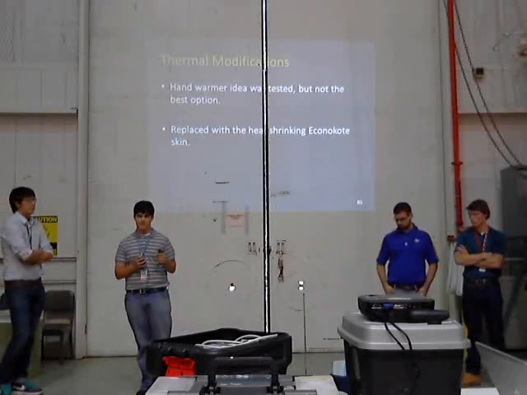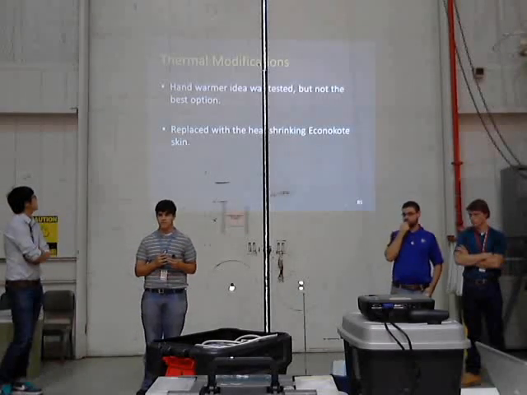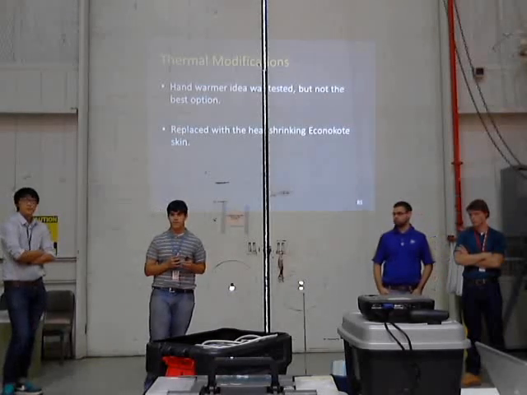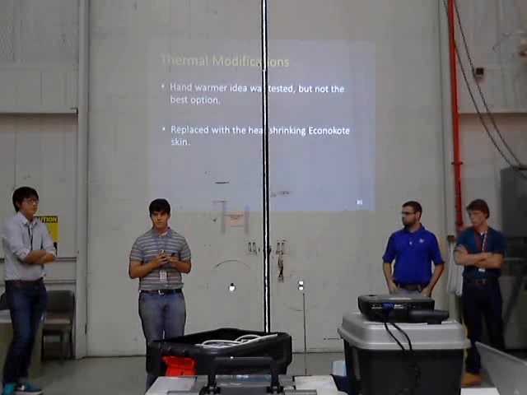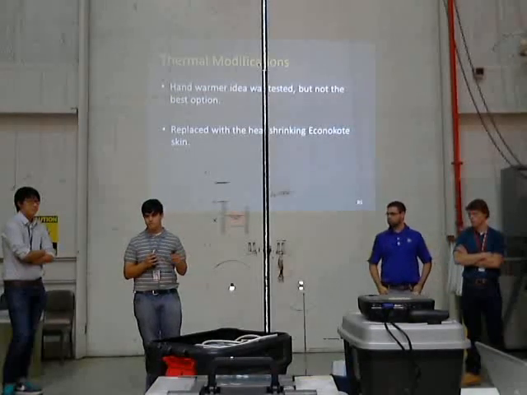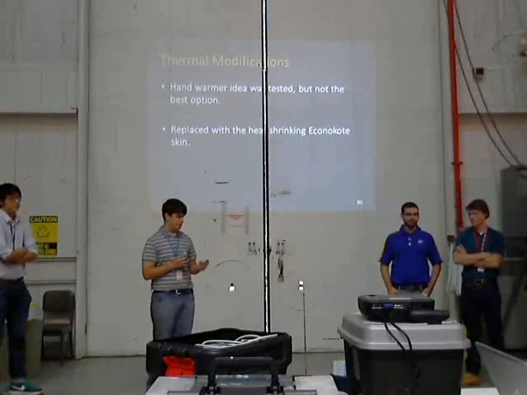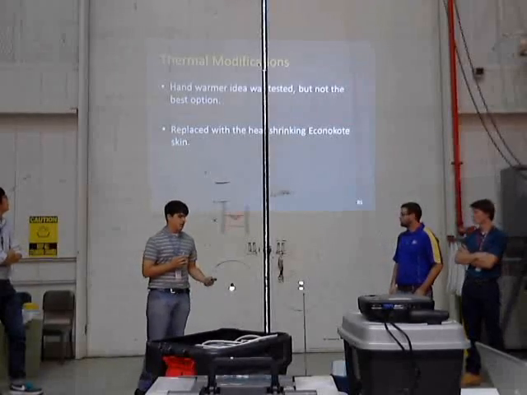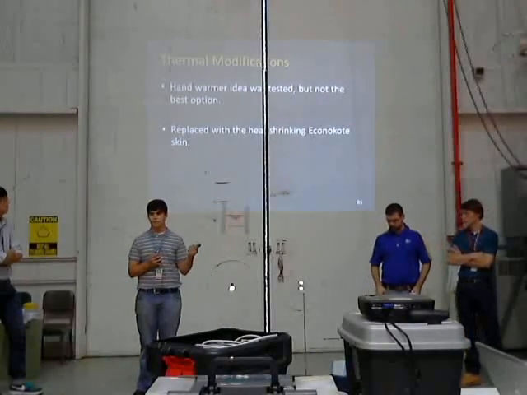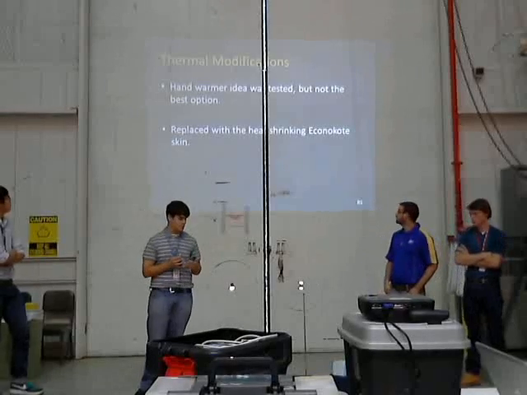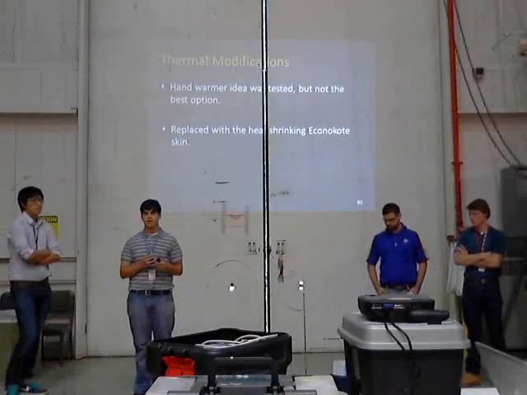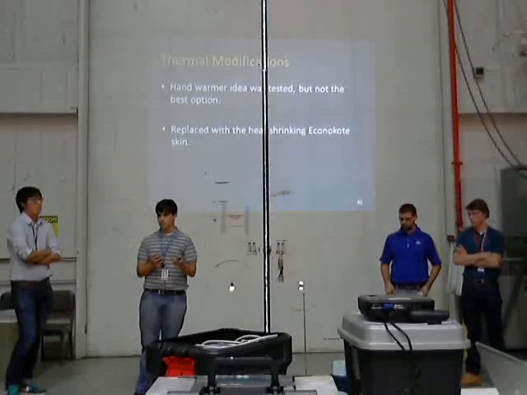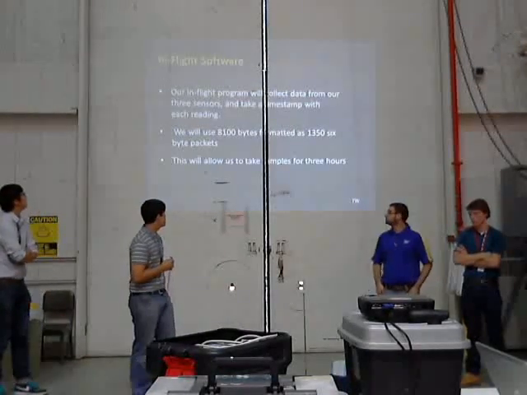We need to make sure that the box does not drop below 0 degrees Celsius, because the ADC, the microcontroller, the humidity sensor, and one of the other components don't work at that temperature. We took out the hand warmer and used the Econokote skin, the heat shrink skin, to better hold in the heat that we will be starting off with.